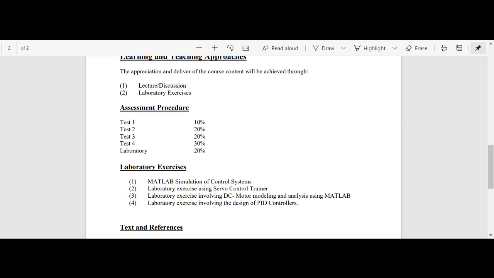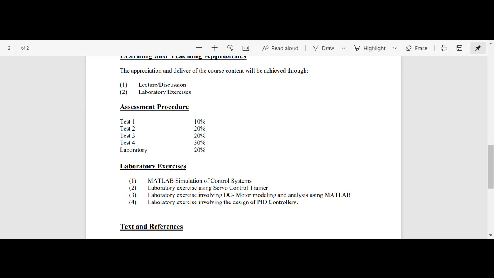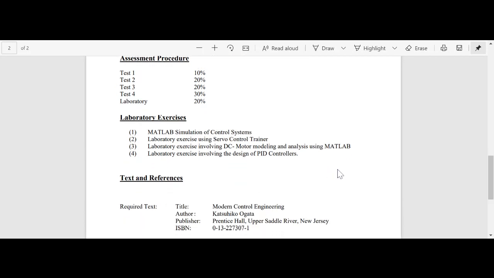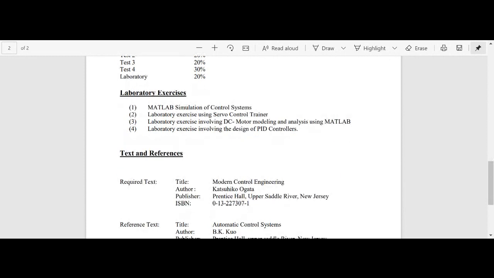The laboratory exercise will account for 20% of your total grade. These are some tentative laboratory exercises. As I said before, the final detail will be worked out in the next couple of days.